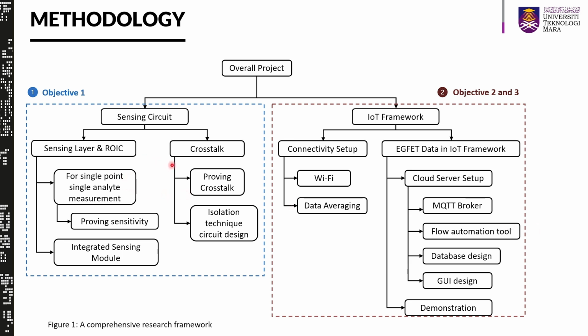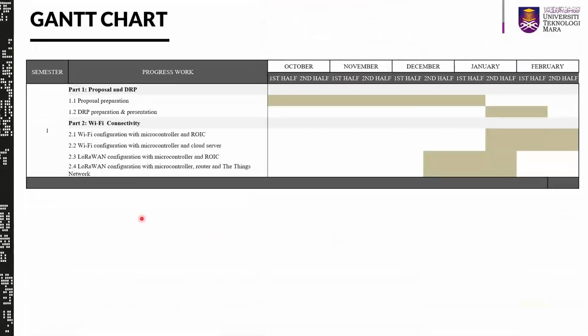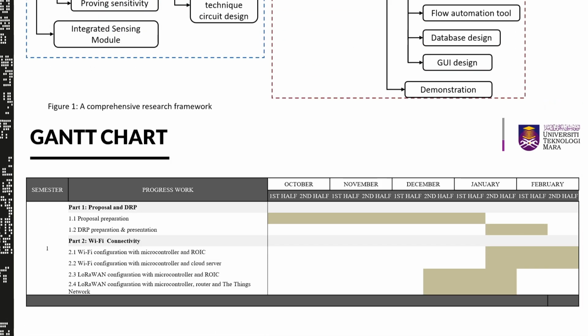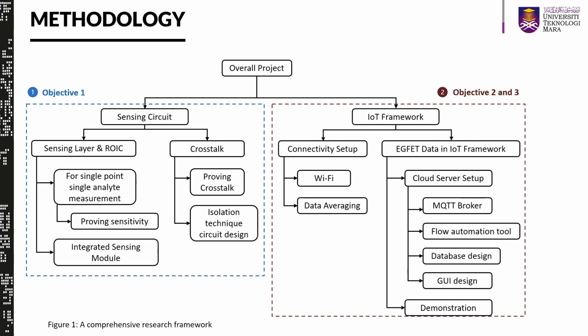Four essential software tools are installed, which are the MQTT broker, the data automation tool, the database, and the dashboard. Finally, the sensing module is integrated with the IoT framework and demonstrated.